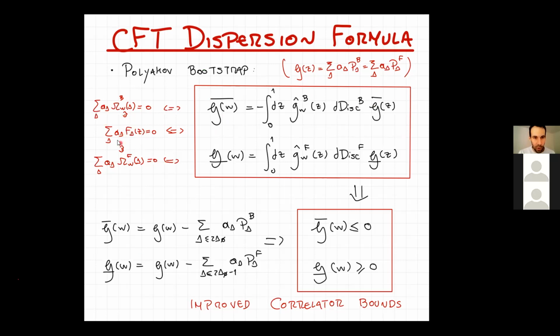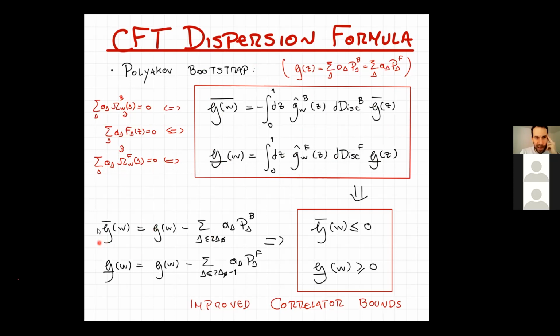So crossing is equivalent to the master functional sum rules, bosonic and fermionic, being 0, and these sum rules being 0 are exactly the same as demanding that these dispersion relations are true. So this dispersion relation is equivalent to this formula, yet another way of expressing the contents of the crossing equation.